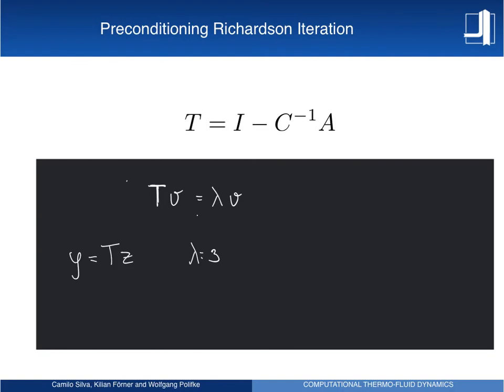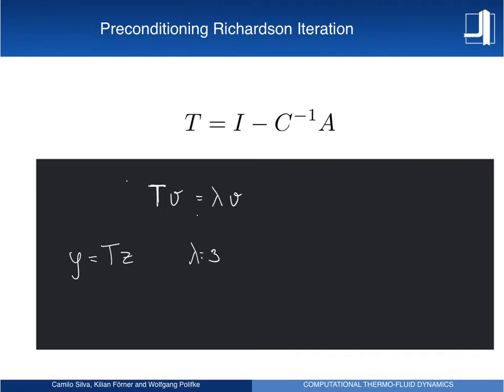That if you have the vector z, and if the vector z happens to be very close to this eigenvector v, it means that the matrix T will not create, maybe, a strong rotation, but basically a dilatation. So this vector z is going to grow 3 times and become y.